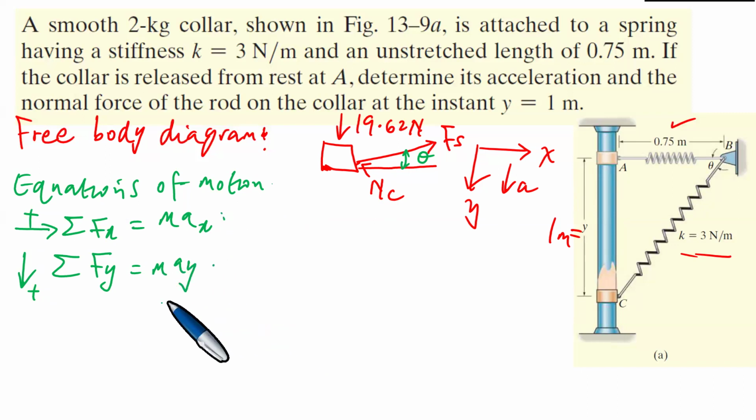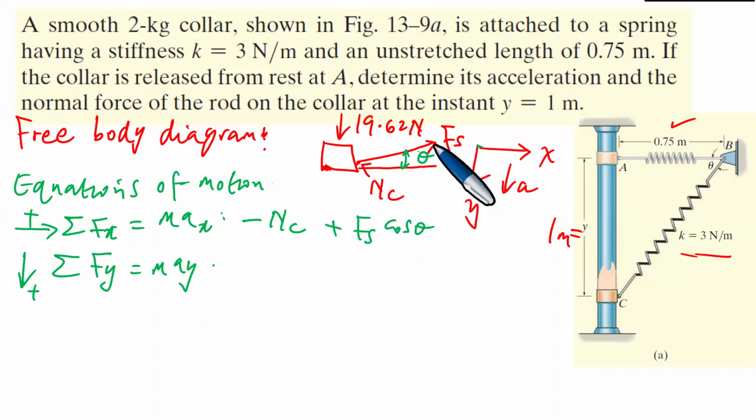So in the end, what we're saying is the sum of the forces in the x direction. What are they? If this is the free body diagram, we're able to see that the minus normal force plus the horizontal component of the force, which would be Fs cosine theta.